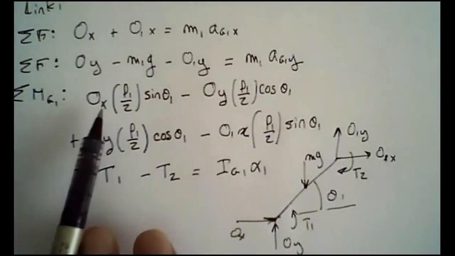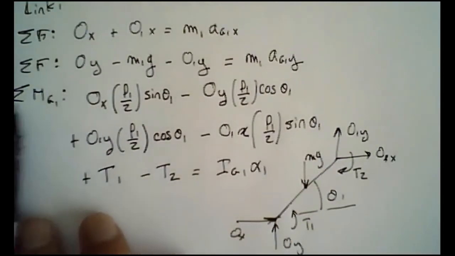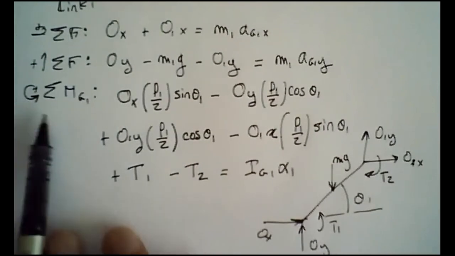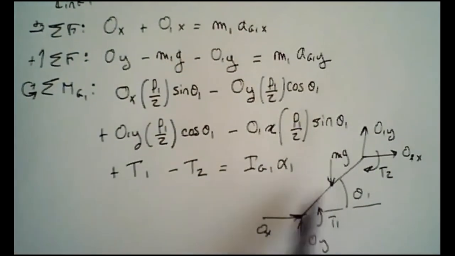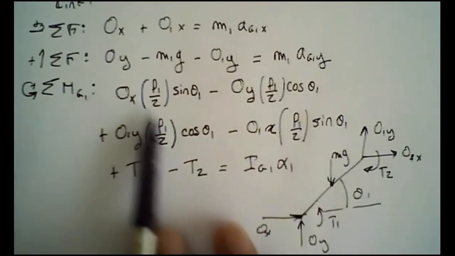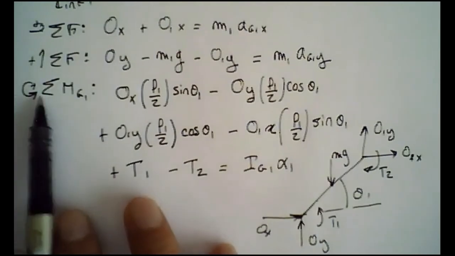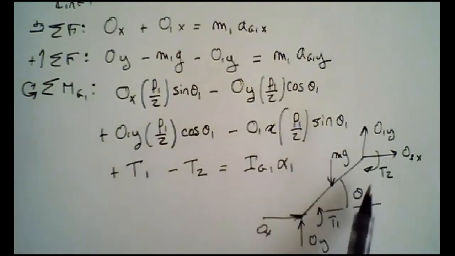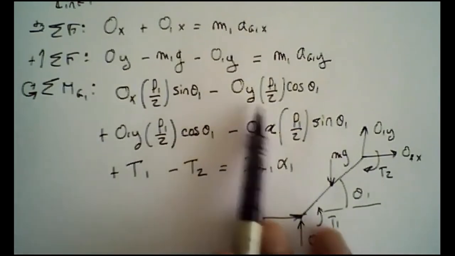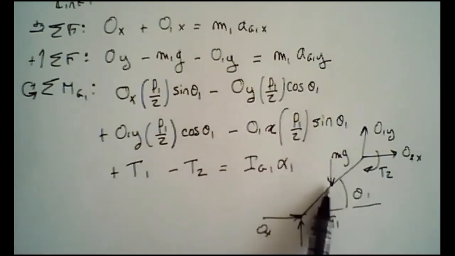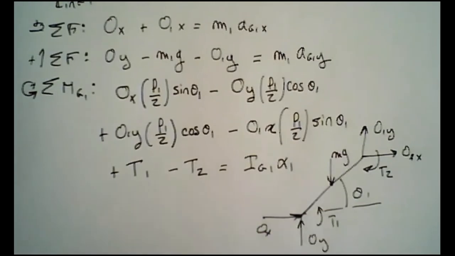O1X is creating a positive moment, so about this point, O1 is trying to create a positive rotation. This is why I have a positive sign before that. O1 is actually trying to oppose this motion. If this was my positive direction, O1 is trying to create a clockwise moment, which is equal to OY multiplied by L1 over 2, this distance, cosine of this. So this is the moment arm for O1Y.